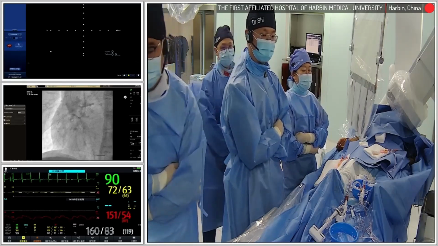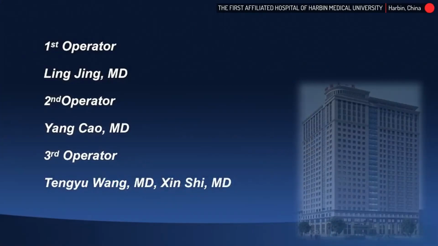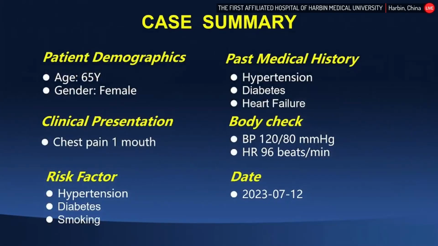Hello, everyone. Let me introduce this case. This patient is a 65 years old female with a 1 month history of chest pain. She had diabetes, heart failure, and hypertension. Her coronary risk factors are hypertension, diabetes, and smoking.